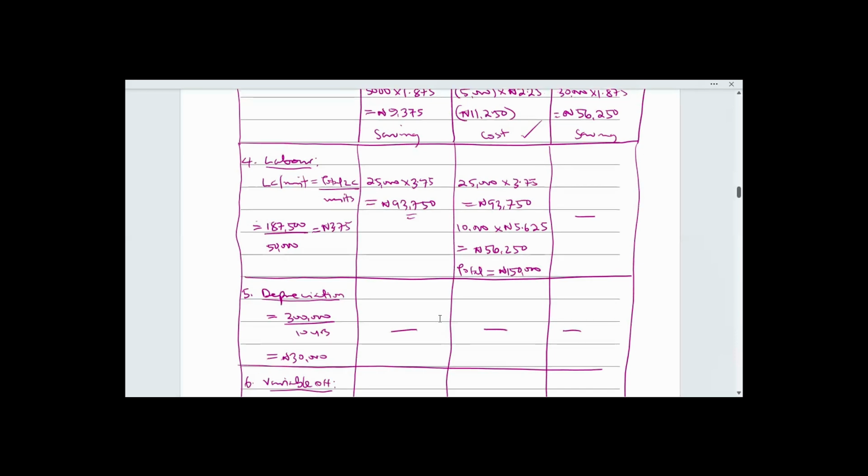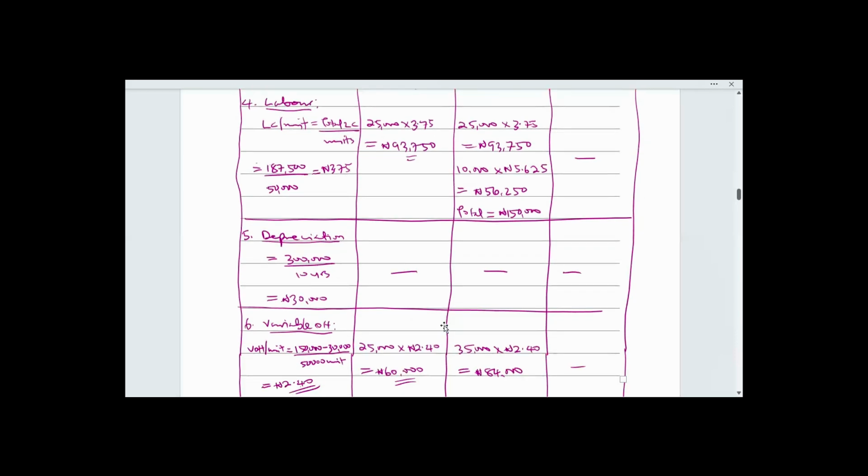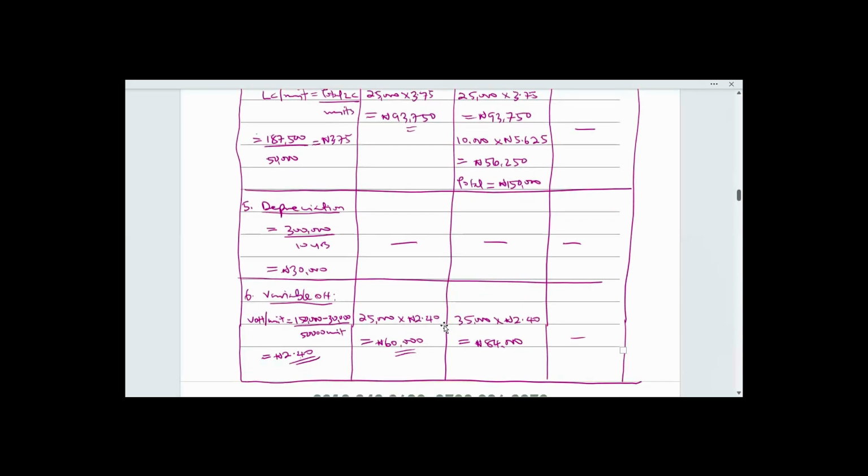The next one, working number 5. That's depreciation. It's not part of what we are looking for. Then working number 6, variable overheads. The variable production overhead is 60,000 for option 1, 84,000 for option 2.